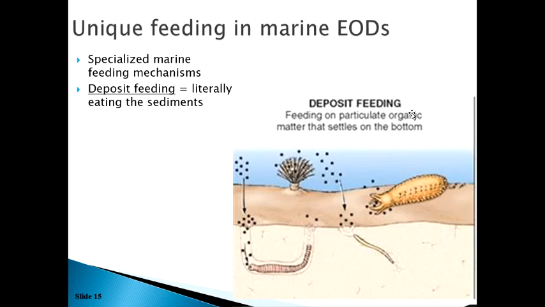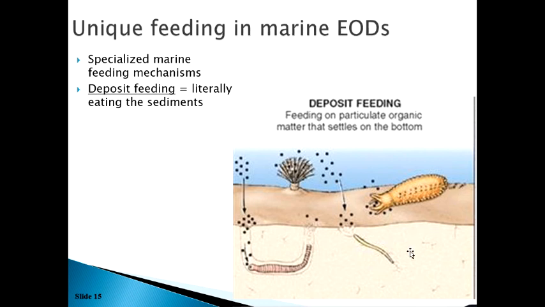The second type of feeding that is unique to the oceans, although we have it on land, is we have evolved all kinds of creatures that literally eat the sediment. They eat the dirt. So things like this sea cucumber here on the extreme right, it literally gulps the dirt, it goes through its digestive system, and it poops out cleaner dirt on the other side.